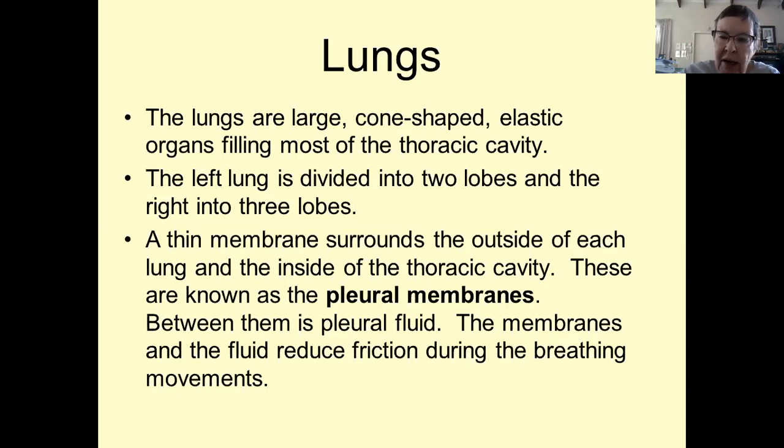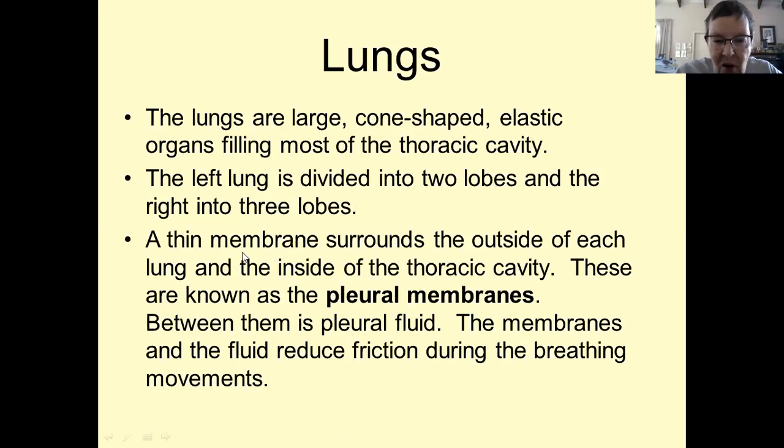The right lung is a little bit bigger than the left lung, and the reason for that is because the heart is situated towards the left side of the thoracic cavity, so it's slightly left. It's not exactly in the middle, and so there's less space on the left side of the thoracic cavity than there is on the right side. So the left lung is smaller and the right lung is bigger. Okay, so right lung 3 lobes, left lung 2 lobes.